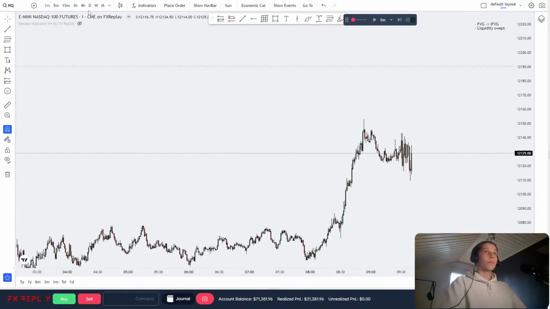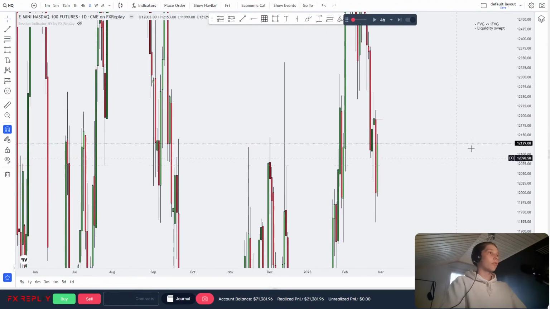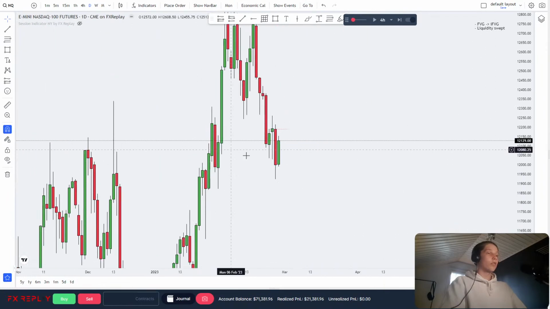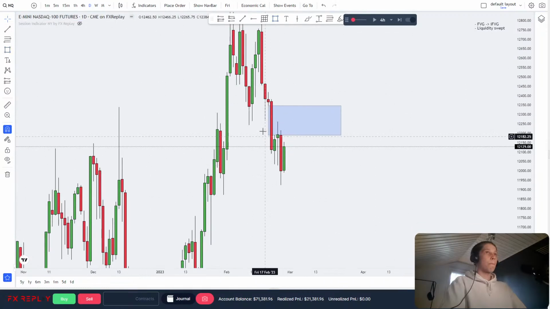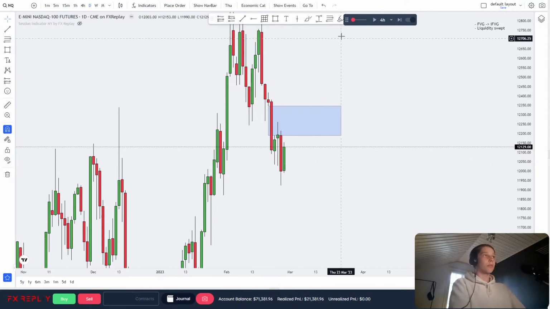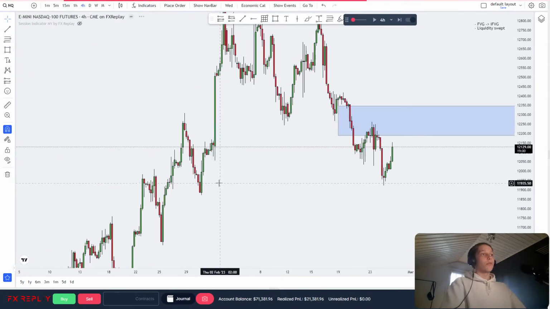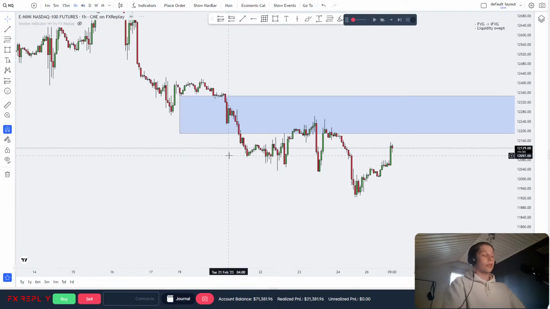So let's take a quick look at the daily chart. As you can see, we reject away from this fair value gap, move lower, break the previous day low here, have another boost to the upside, push, and are we rejecting from or delivering from any fair value gap?